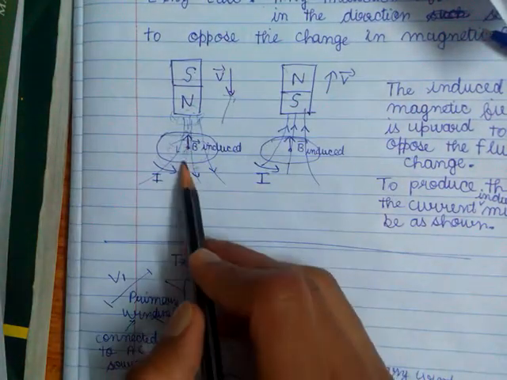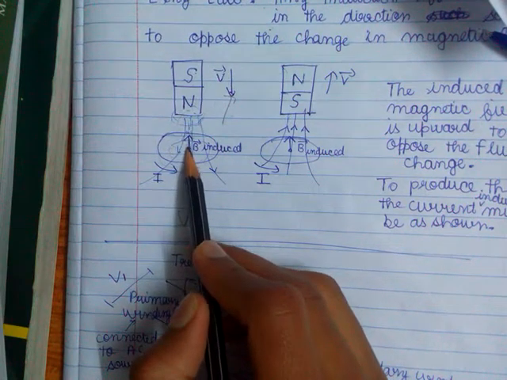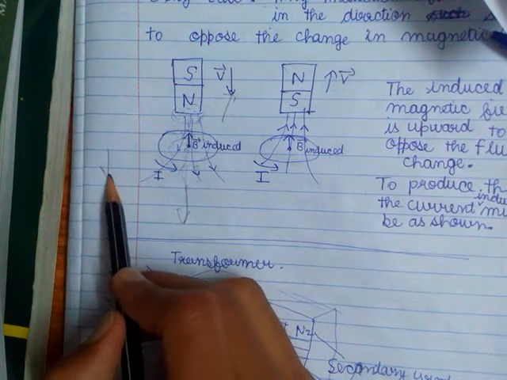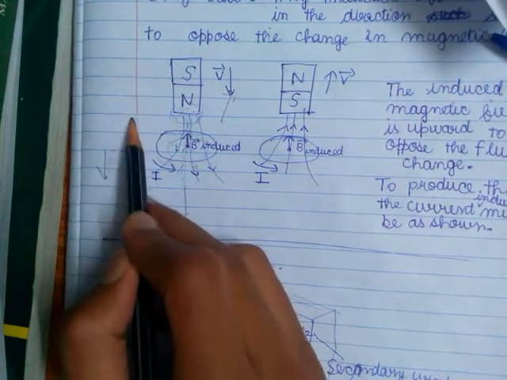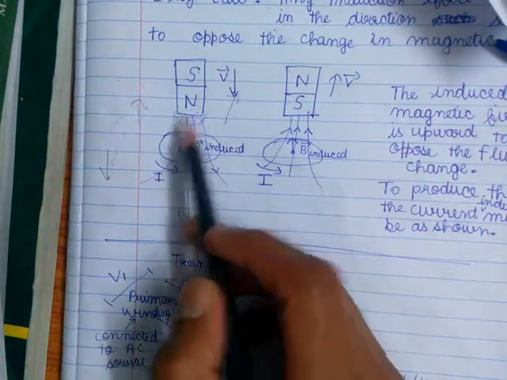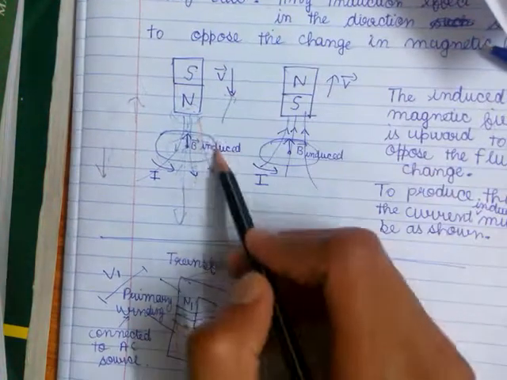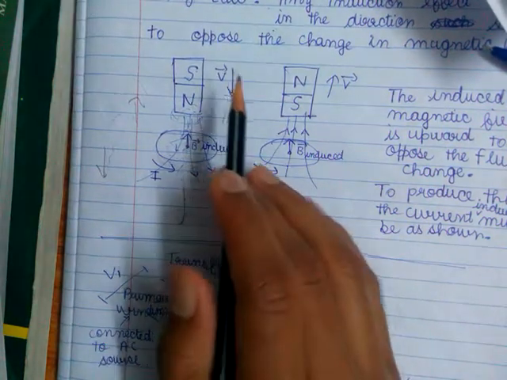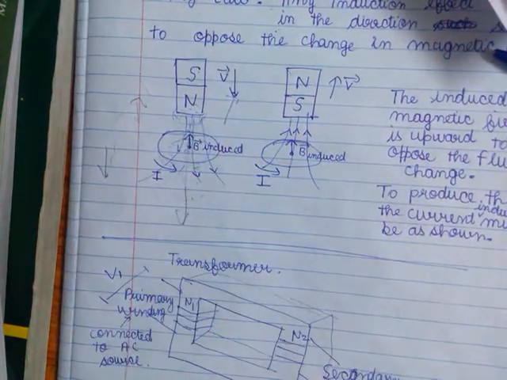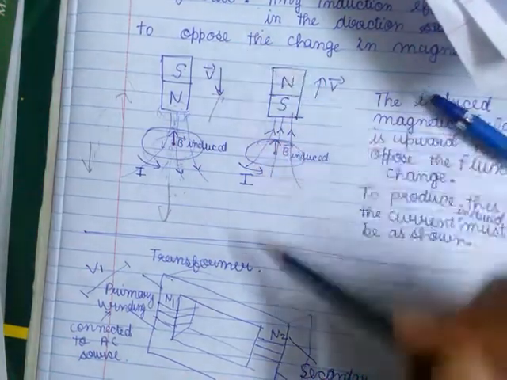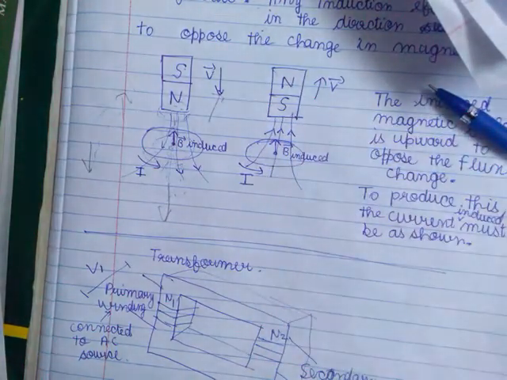So the field in the opposite direction reduces the flux in the downward direction or increases the flux in the upward direction. By both viewpoints you can see that the downward increase in magnetic flux was opposed by this. So using this law, we can find the direction of induced EMF.